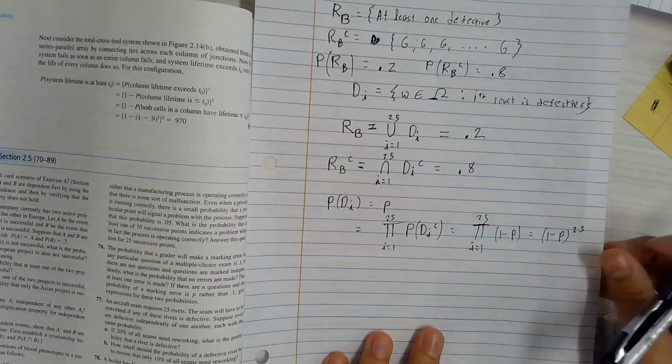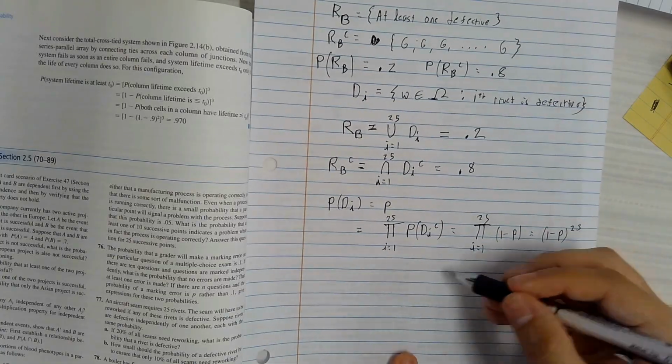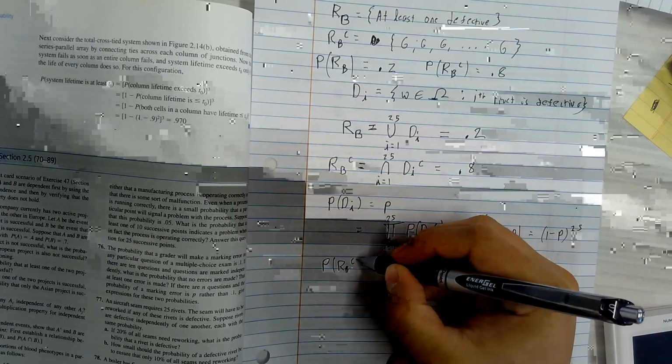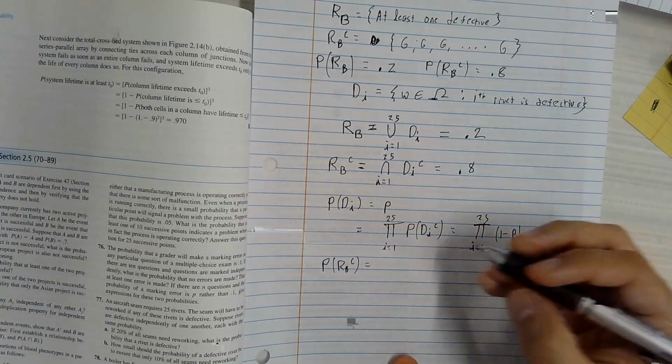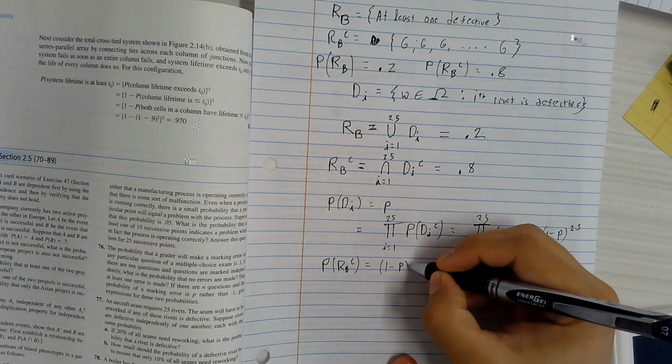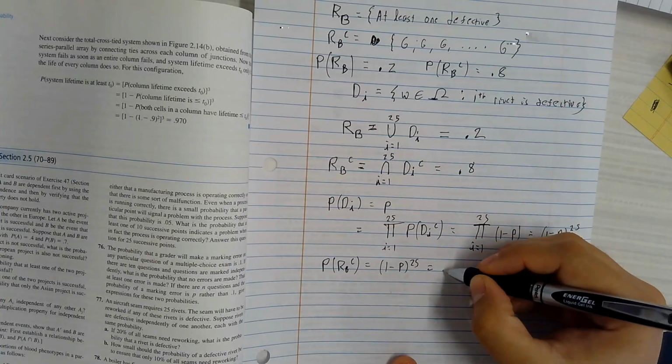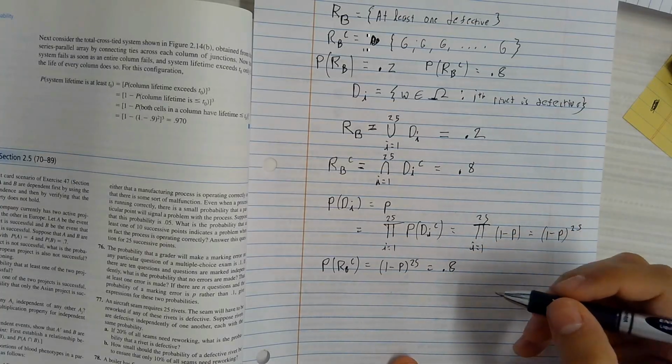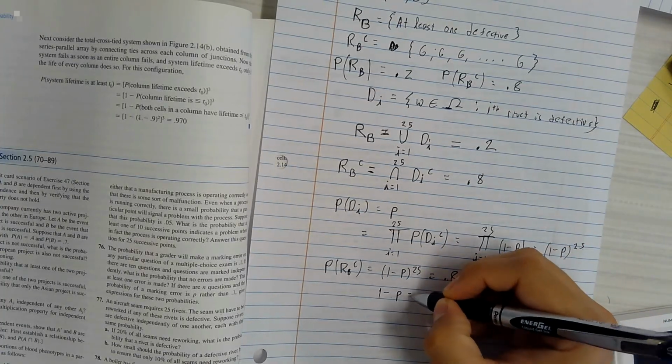That would mean essentially we have the probability of RB complement, which is equal to (1 minus P) to the 25th power, which is equal to 0.8.